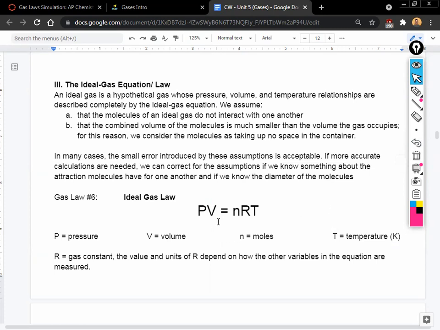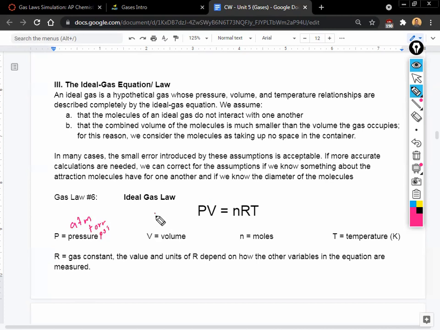The problem with R is that the value you use for R depends on how you measure the other variables. Remember, last time we talked about how we can measure pressure in a variety of ways: atmospheres, torr, PSI.